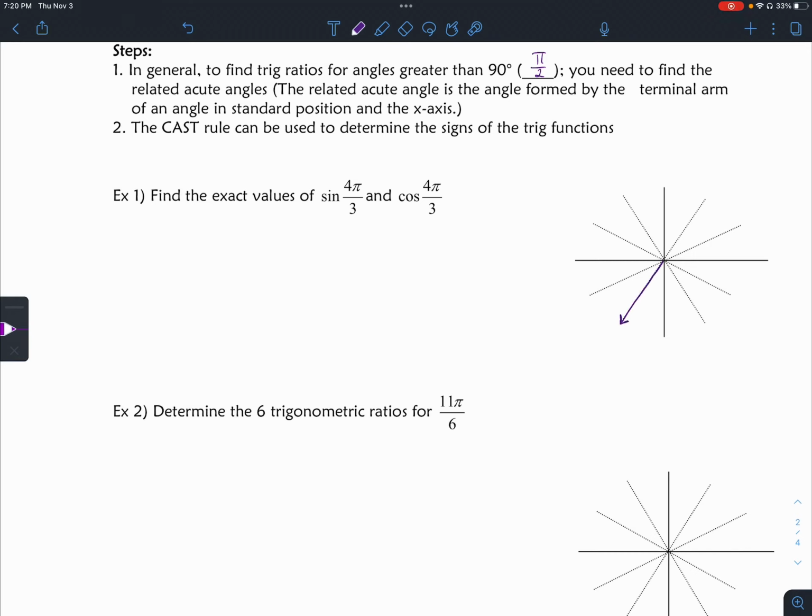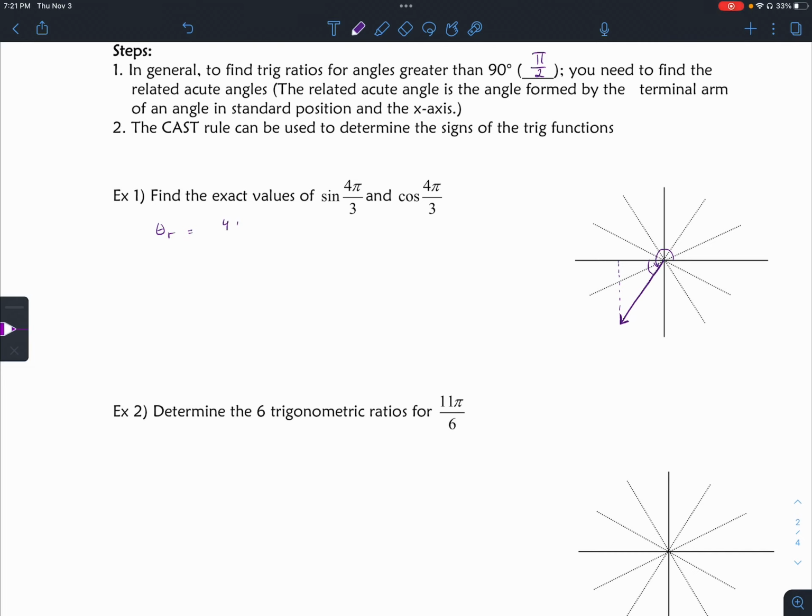Okay, so we are in quadrant 3. And this is the principal angle here. And we're going to find the related acute angle, which I'm going to call theta r.